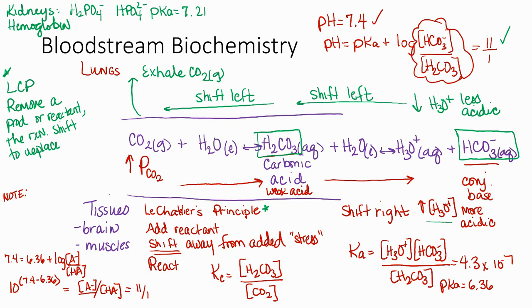Exhaling too much CO2 is going to make our bloodstream less acidic, more basic, right? Because we're shifting too much to the left. And one of the ways that we can limit that is by taking a paper bag and holding it to our face. What we're trying to do there is keep that CO2 in our system so that we don't shift this too far to the left.